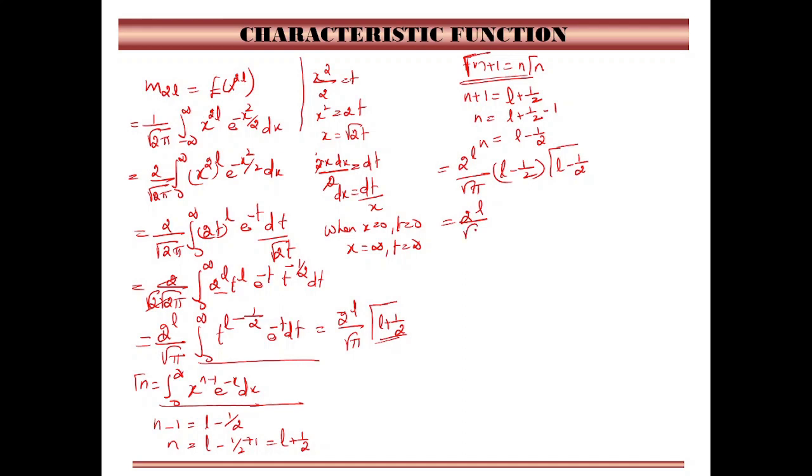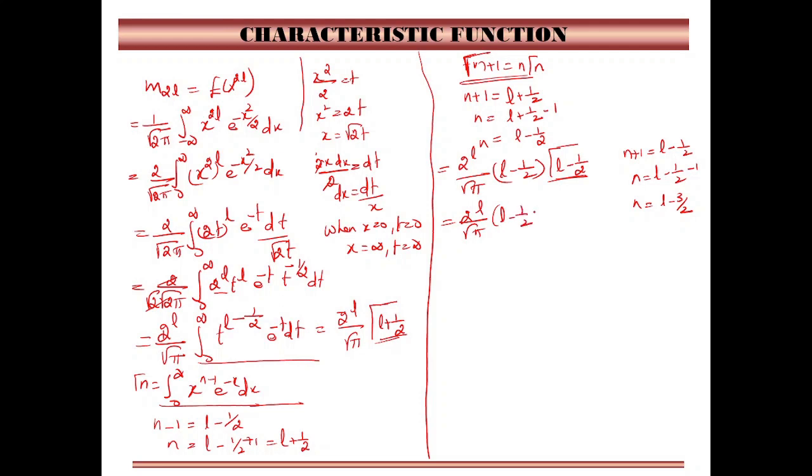2 power l by root pi, again, this is compared with this gamma function. So n plus 1 is equal to l minus 1 by 2. So n is equal to l minus 1 by 2 minus 1, n is equal to l minus 3 by 2. So this gamma l minus 1 by 2 can be written in the form n into gamma n, but n is equal to l minus 3 by 2.